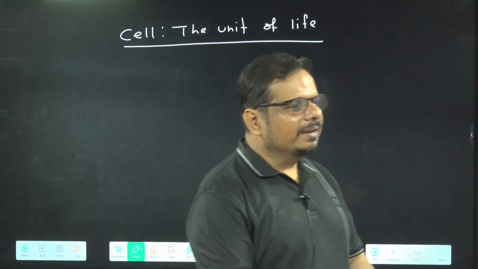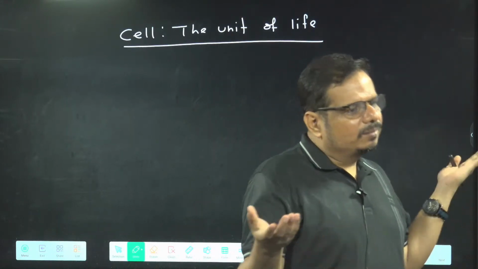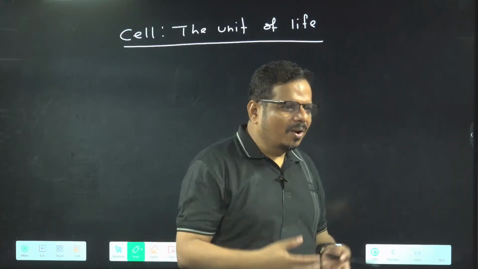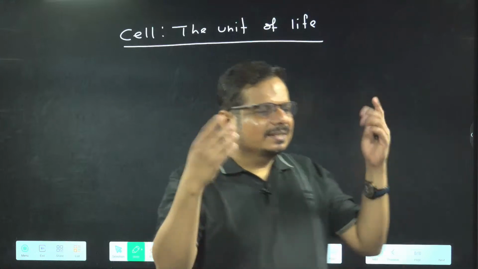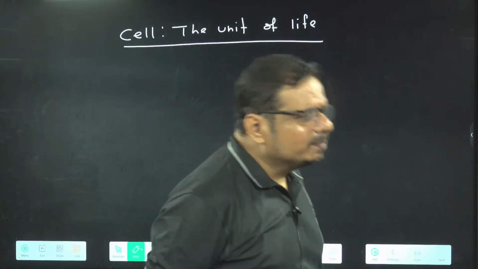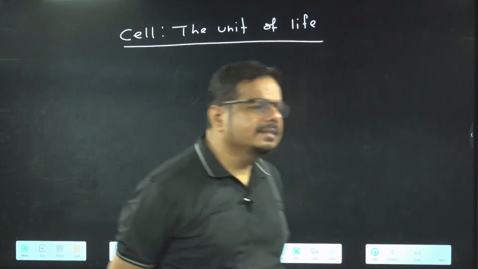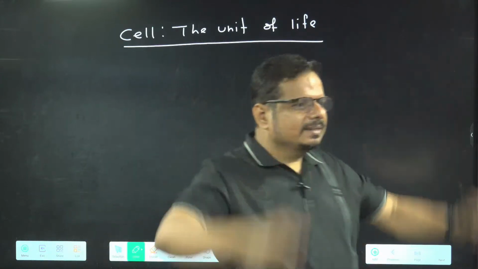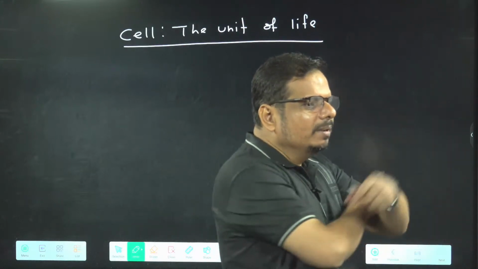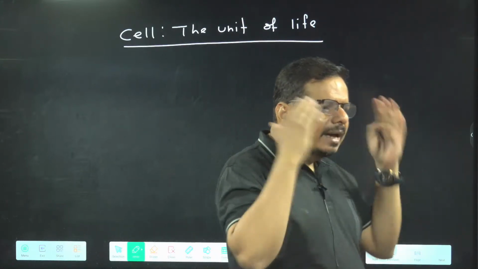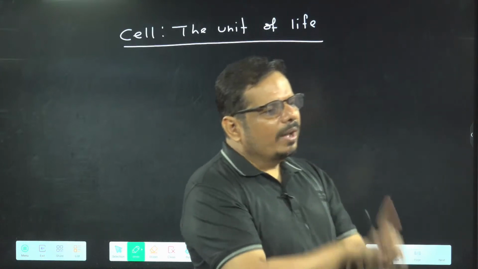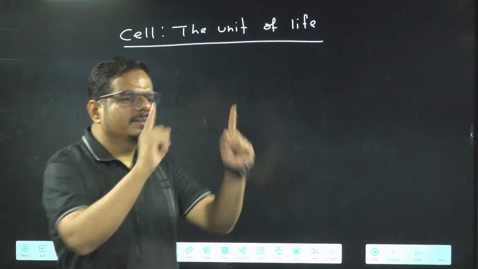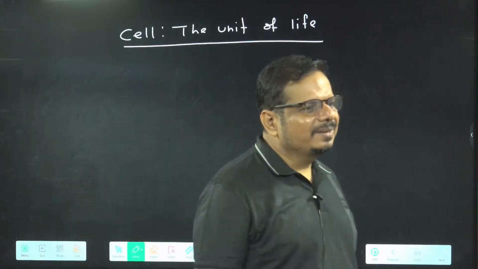If I tell you to compare a human and hydra, you will say a lot of differences are there. Their size, forms, everything is different. Organ system, many things are different. You see a plant and a human being, how different they are. But besides all these differences, one similarity is there in every living organism. And that is what?